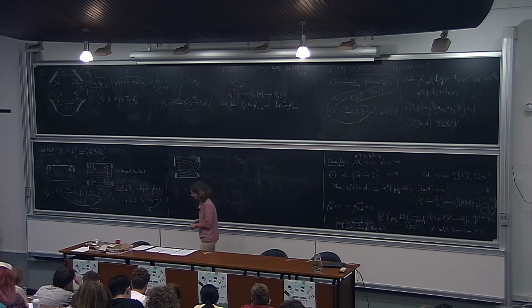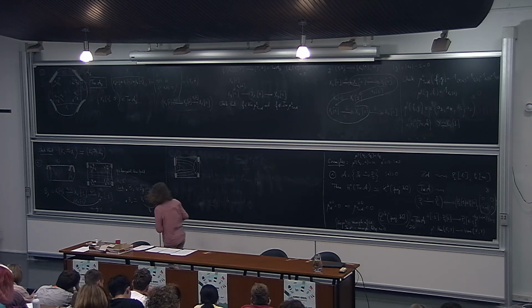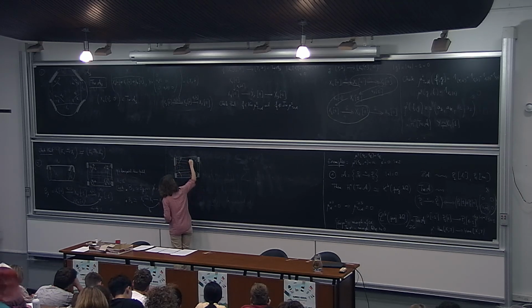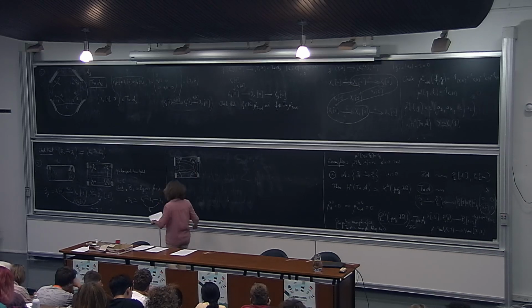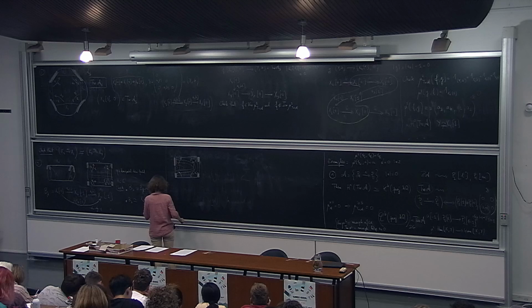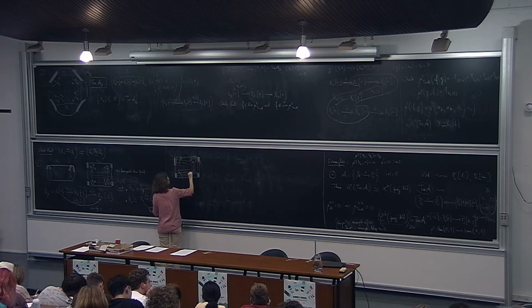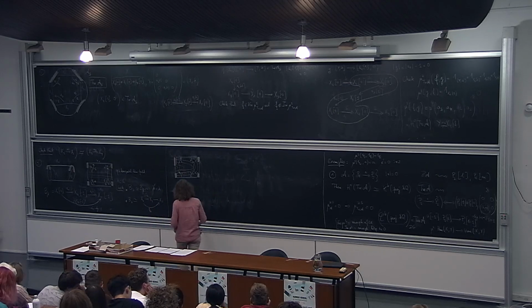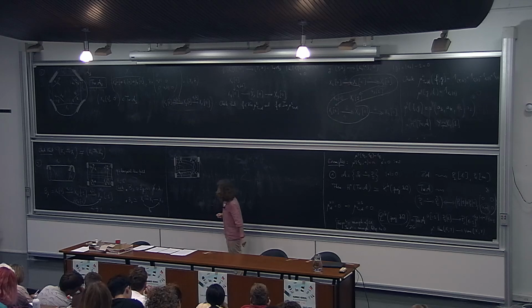So if I take this line field, you will have, for instance, that here it would be 0, 0, 1, 1. So this is something you can check if you have a different line field.